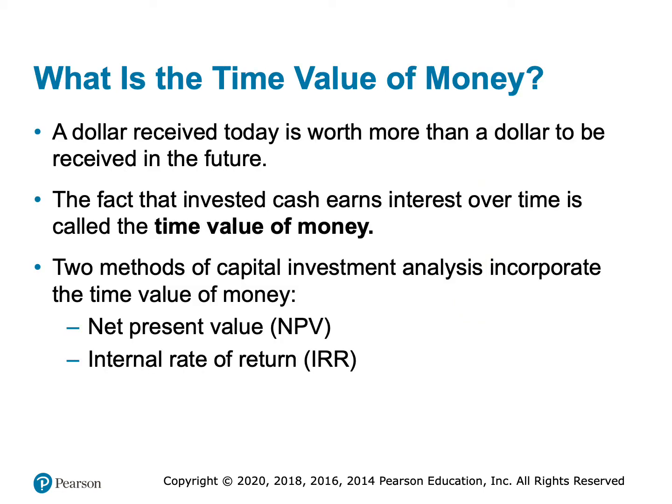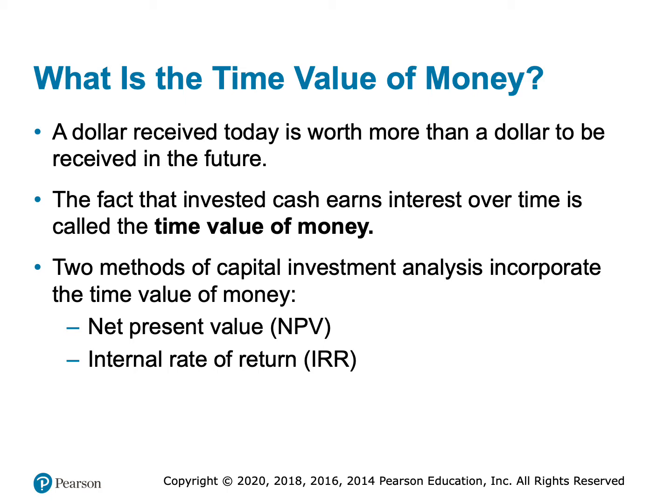So the basic idea of time value of money is that the value of money changes over time. Specifically, the value of a dollar decreases over time. And we know this. If you've taken economics and you've talked about that market basket of goods, we know that the purchasing power of a dollar is declining over time. If you've ever talked with your parents or grandparents, we know that prices are steadily rising for most goods.